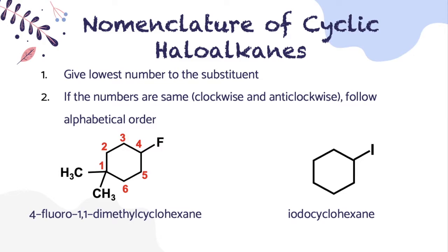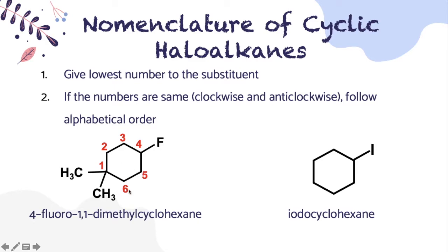So give the lowest number to the substituent. If you number fluorine as number 1, the methyls will be 4 and 4. If you give a methyl number 1, the methyls will get 1, 1 and fluorine will get 4. So 1, 1, 4 is lower than 1, 4, 4.